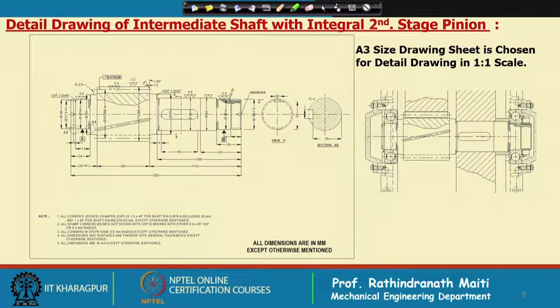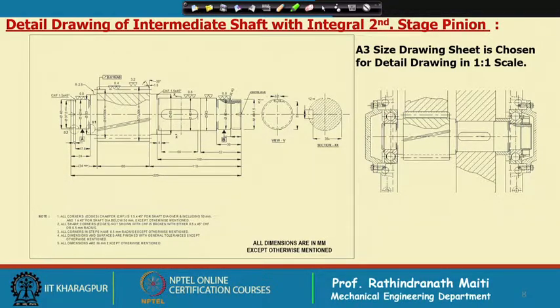detailed drawing, what we have done, we have taken an A3 size drawing sheet, because if we take the A3 size, say this is the size of the drawing sheet, we can put this drawing at 1:1 scale, that is again better, and we do not need a larger side view or other things.